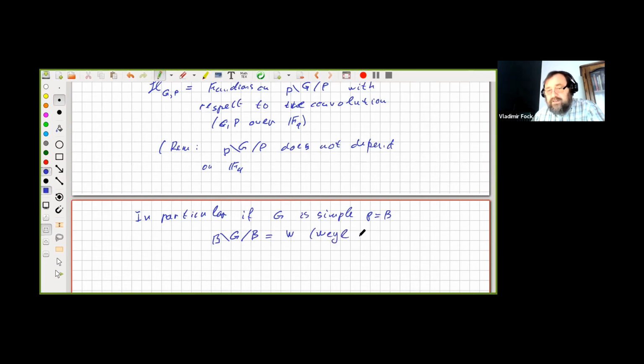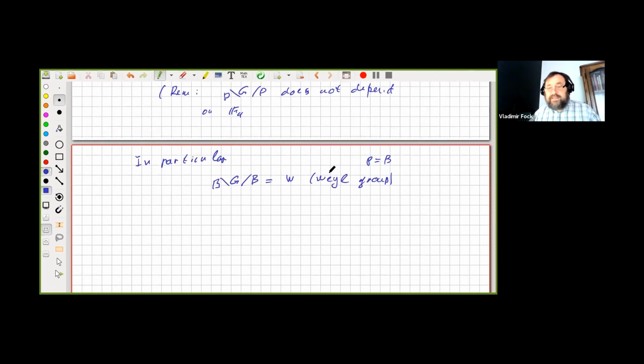So it's a finite set. Strictly speaking, it's true even if it's Kac-Moody, so I cannot require that it's simple, but it's not necessary. If G is simple, then the Weil group is finite. If G is affine, the Weil group is not finite, but it's still the Weil group.